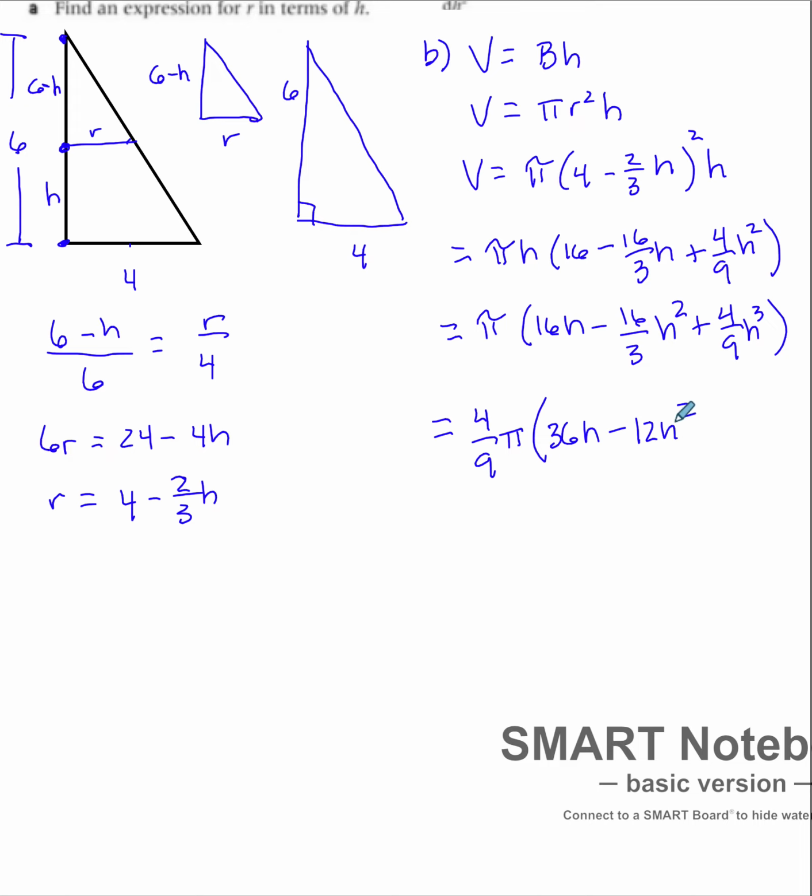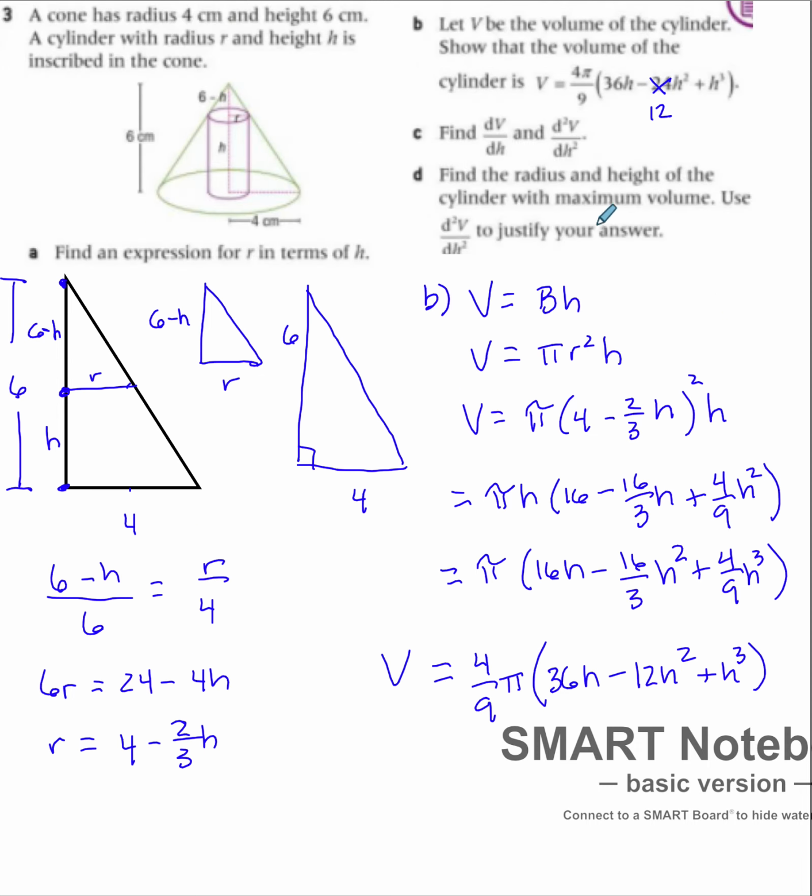And of course, we factored out a 4/9, so you could still multiply it by 9 over 4 because that's equal to 1 plus h cubed. And so that is our formula for the volume. 4 pi over 9, 4/9 pi, same thing. 36h minus 12h squared plus h cubed.